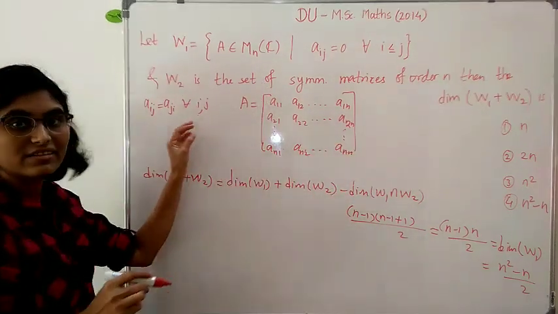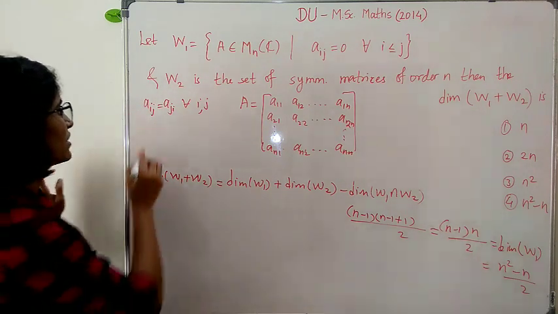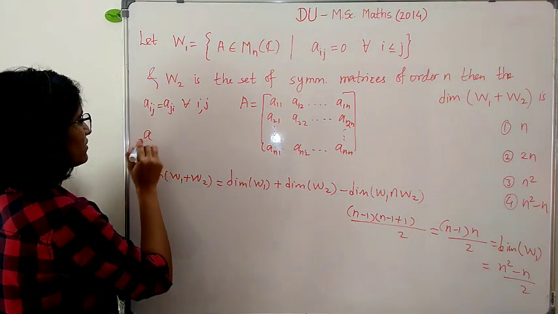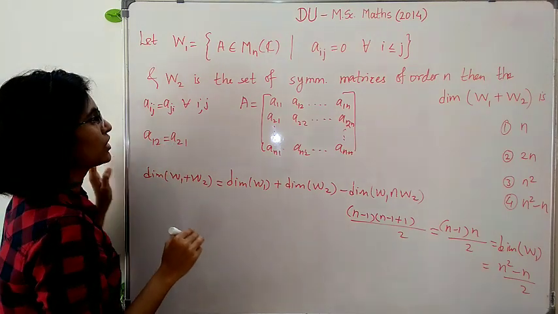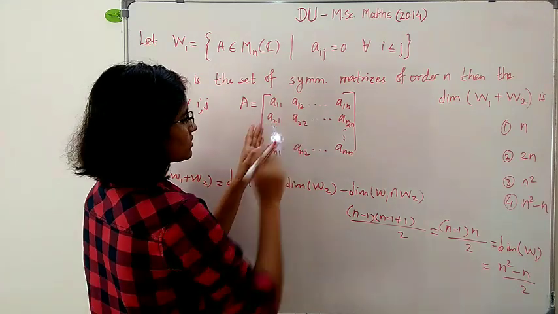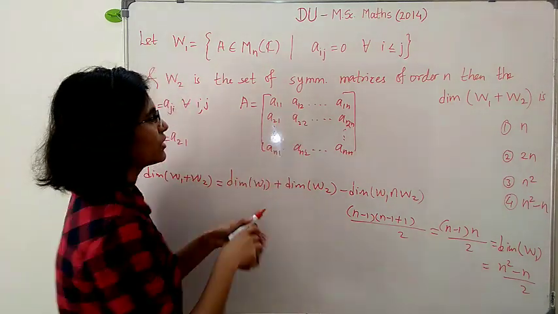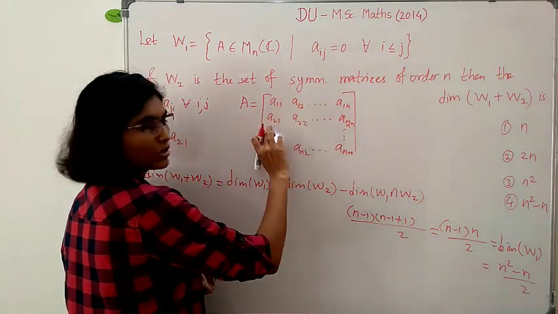Then this condition says that whenever you fix some element, for example if you take A12, it is the same as A21, right? So A21 is just equal to A12.